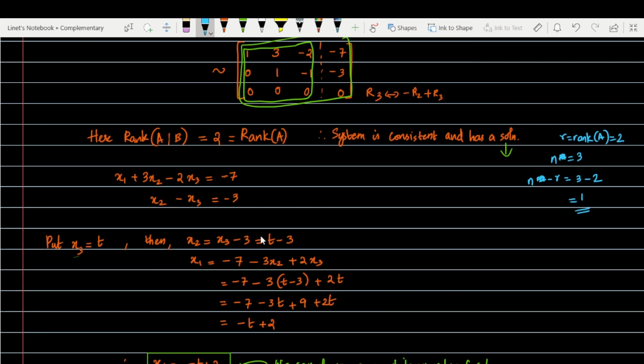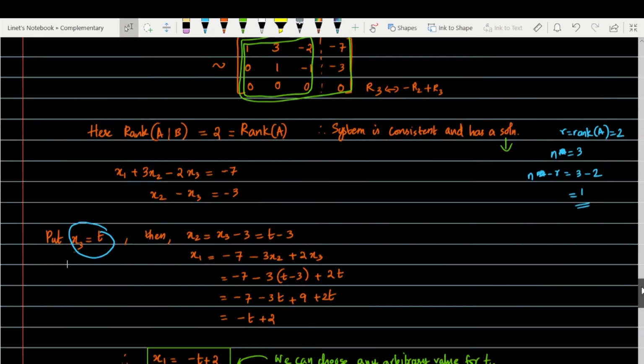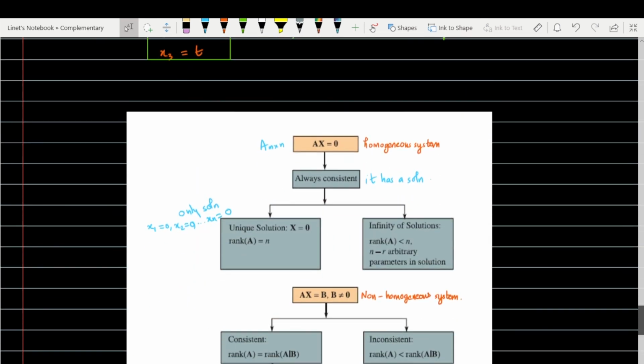So we choose one variable and give it an arbitrary value t.